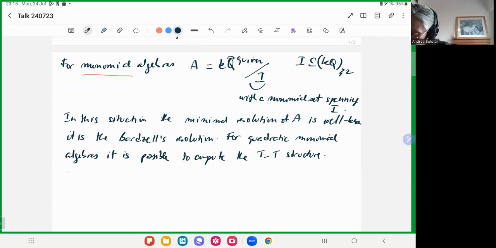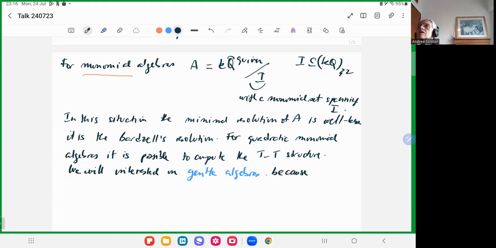So we will be interested in gentle algebras, which I will define soon. As I said, they are quadratic monomial. But why are we interested in this kind of algebras? Because they are related with several areas in mathematics and in mathematical physics. In mathematical physics, with string theory, there are some models that can be described using gentle algebras.